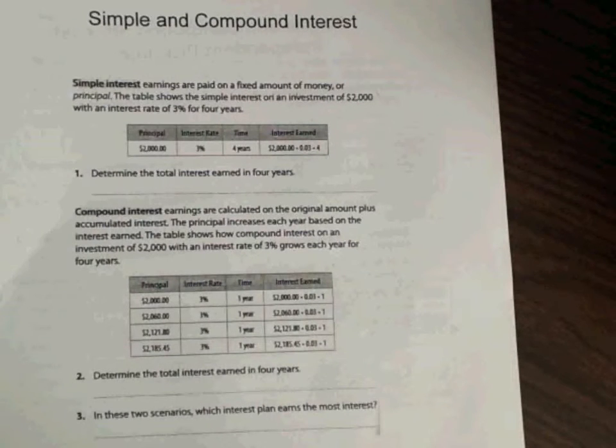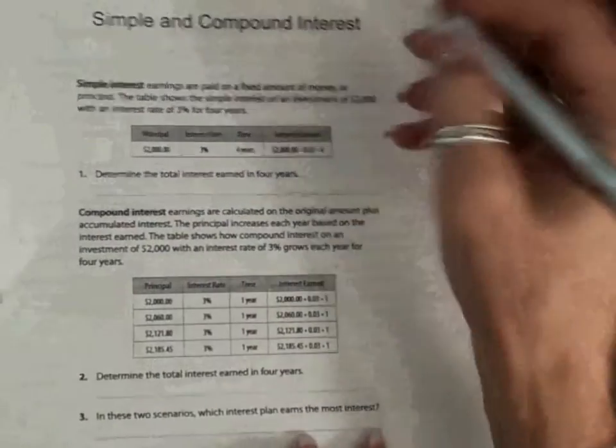And for this sake, we're an investor. We have money that we want to invest, and we're going to see how much we can earn. So we initially put in $2,000. Our interest rate is 3%. We're going to leave it in this account for 4 years, and the interest is paid yearly.